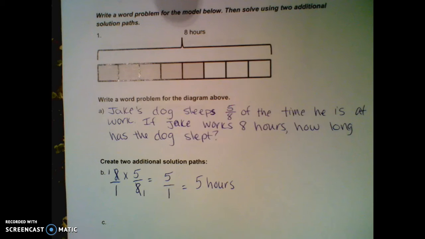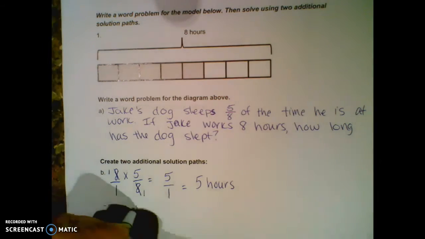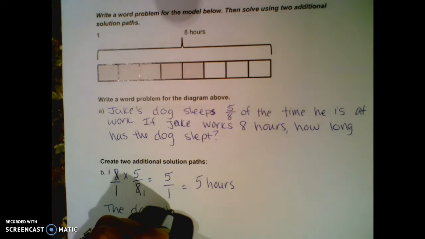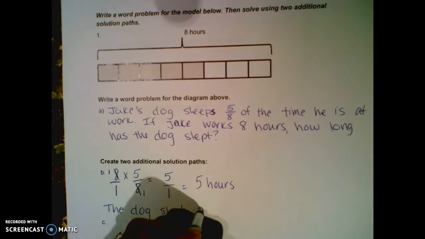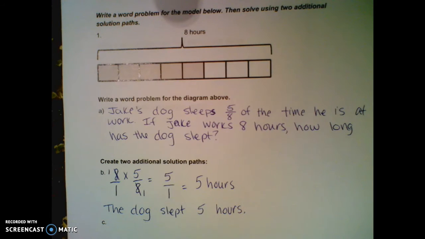I'm going to write this as a full sentence: the dog slept 5 hours. Because when we solve word problems, we always like to write our solution as a full sentence. So that's one way.